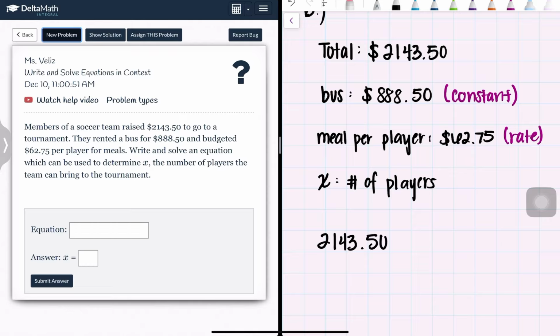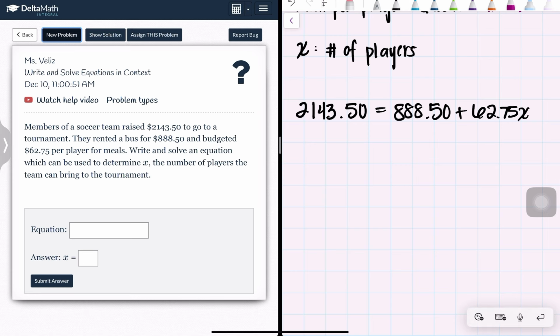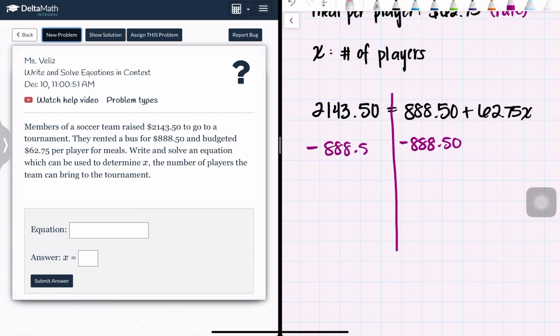So let's go ahead and create the equation here, guys. $2,143.50 is equal to $888.50 plus 62.75X. Let's go ahead and solve it. I'm going to subtract $888.50 first, and that becomes a 0.